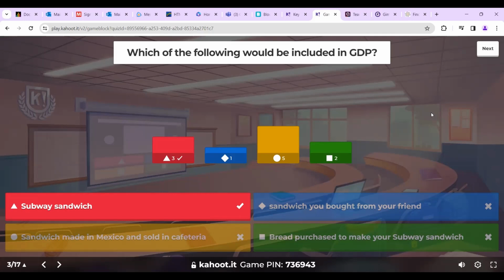So any final good. So bread purchased to make your Subway sandwich, that's an intermediate good, so that goes into making a Subway sandwich, so that wouldn't be counted.